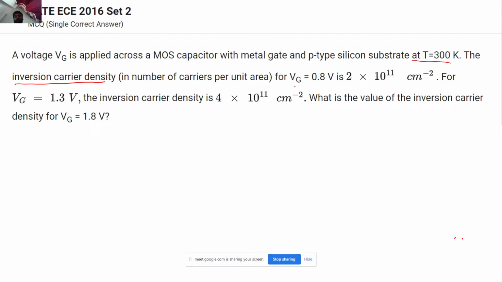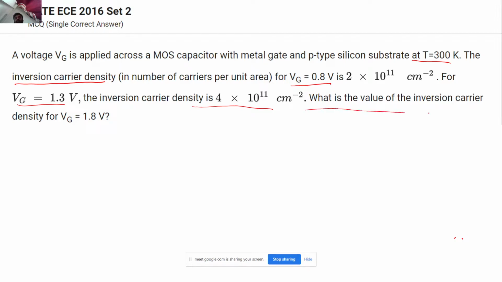For Vg equal to 0.8, it is given as 2 into 10 to the power 11. Again for Vg equal to 1.3, they have given that the inversion carrier density is 4 into 10 to the power 11, right? So you must be clear now that as you are increasing Vg, your inversion carrier density is increasing, right? This is only possible when you are operating in the inversion mode, right?